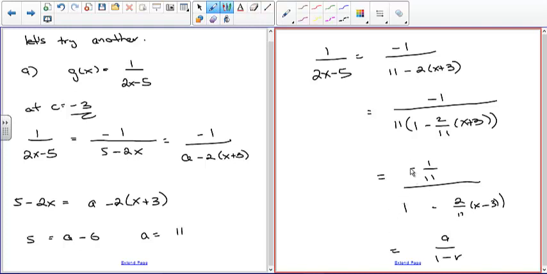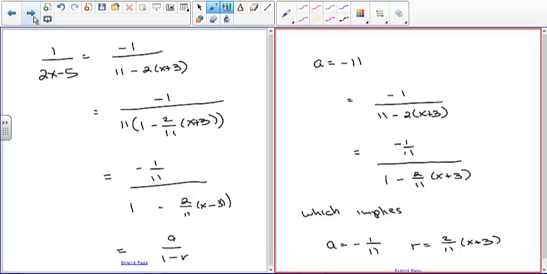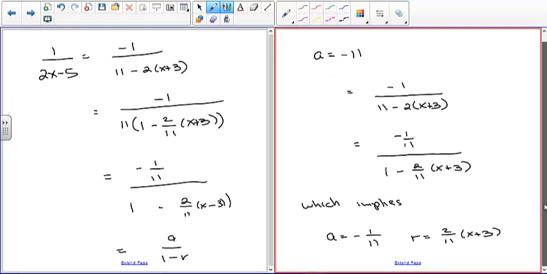And that's negative, right? Just double check it. Everybody okay with that? Well, we'll find out because I did it previously. Okay, so we got -1/11 over 1 minus, yep, okay.